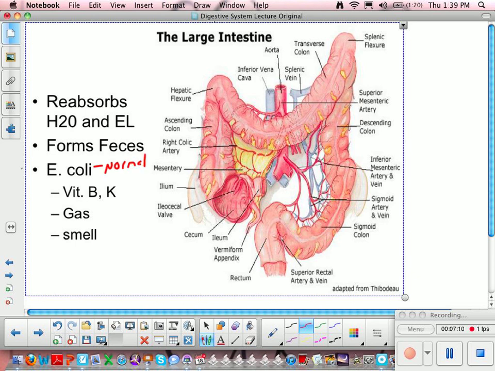So that's our normal flora in there that help us to do things like form vitamins B and K. It also unfortunately produces gas because those E. coli, that bacteria, as it is producing and metabolizing inside our large intestine, forms that gas, which produces a smell.